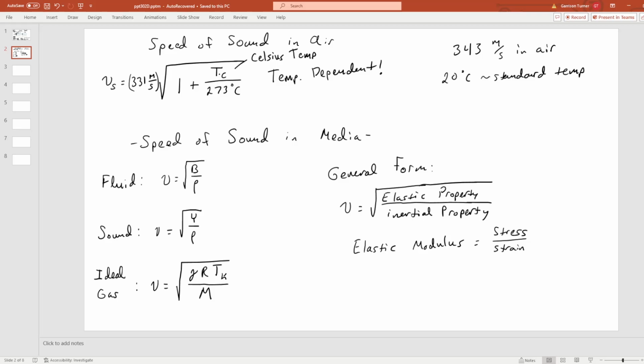If I plug in 20 degrees into this formula, then this is 342.9.